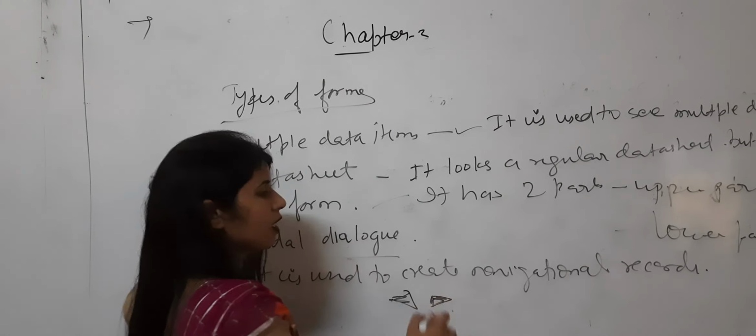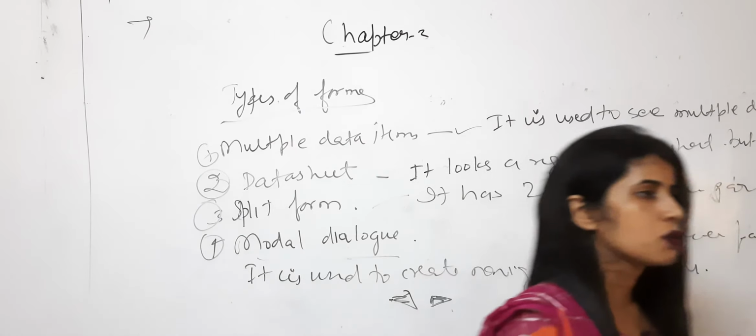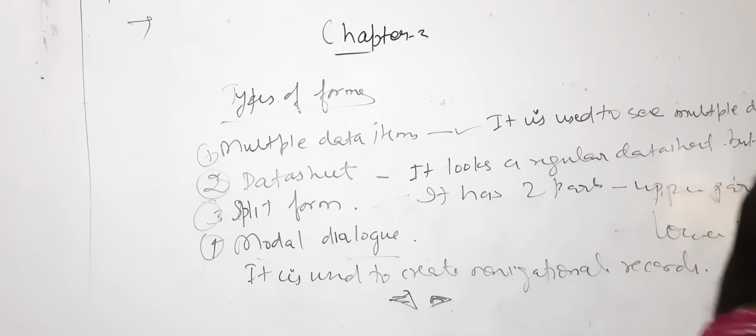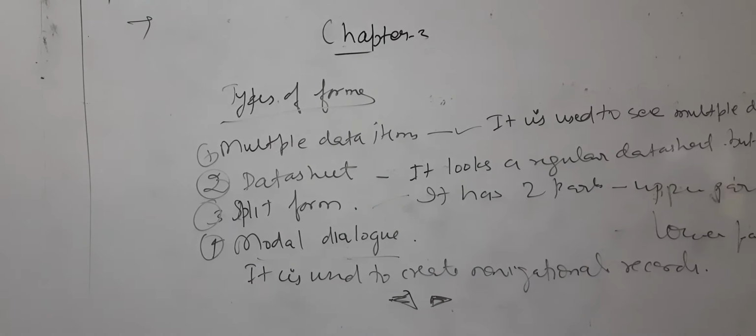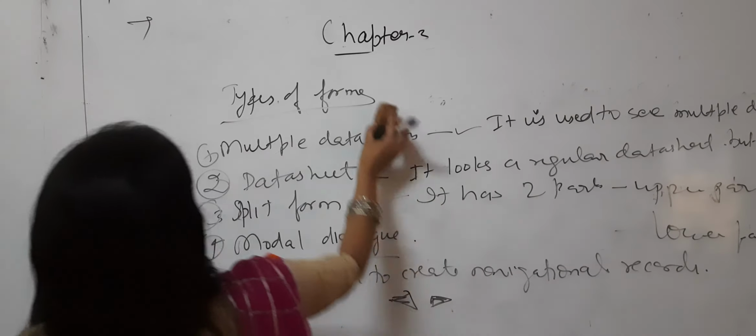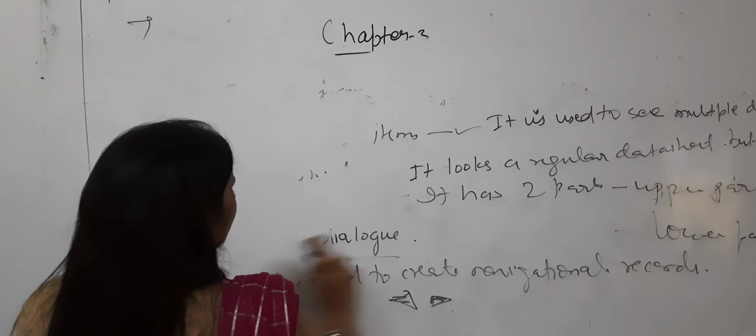So these are navigational buttons, used to navigate from one record to another. So these are the four types of forms: multiple data items, data sheet, split form, and modal dialog. After it we will find another topic.